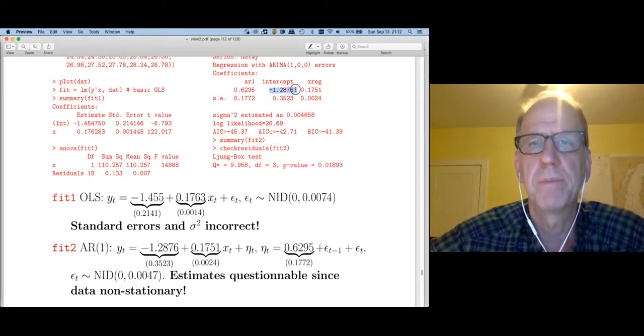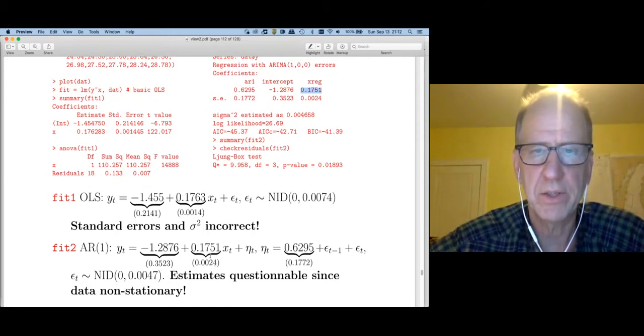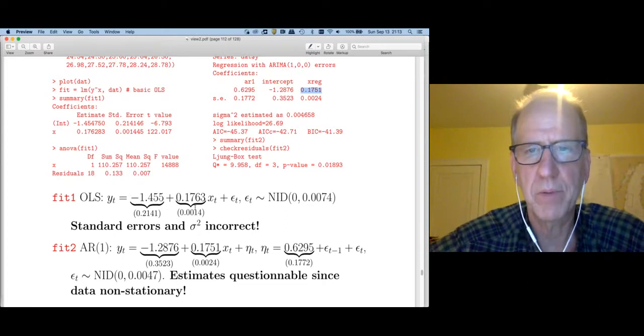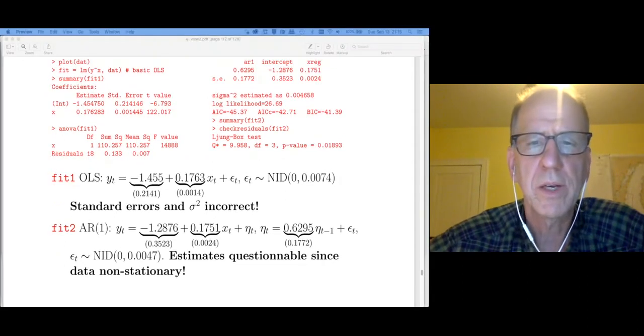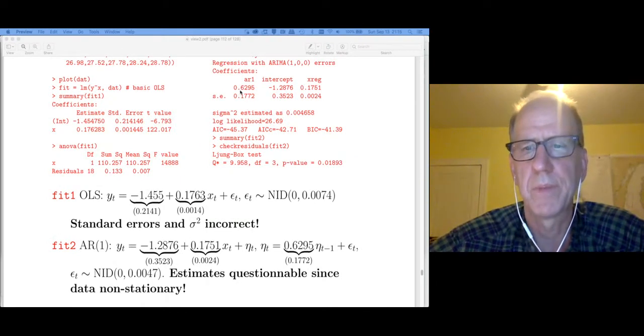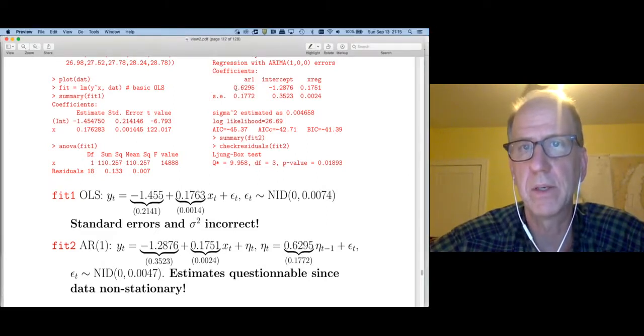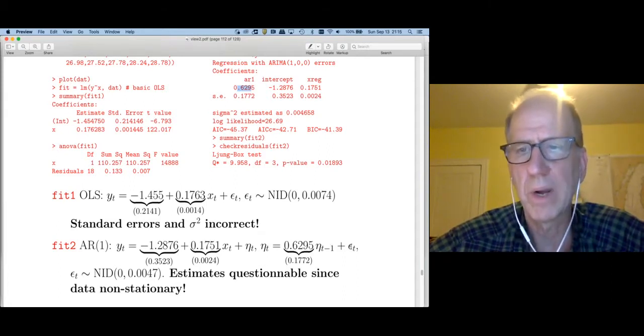Here's our intercept, minus 1.28. The slope is sitting right here. And notice now how different the standard error is. The standard error is almost twice as large as what we had with OLS. Let's go take a look at our errors. So remember, we have an autoregressive process. And so our current error is going to be 0.6295, coming from right here, times the previous error plus some new random noise.